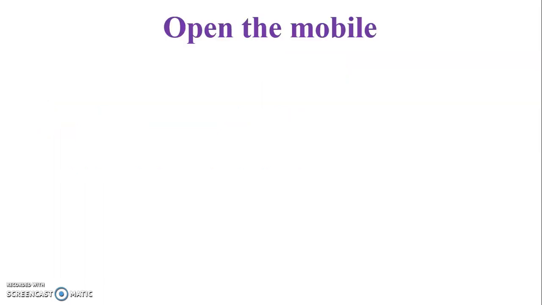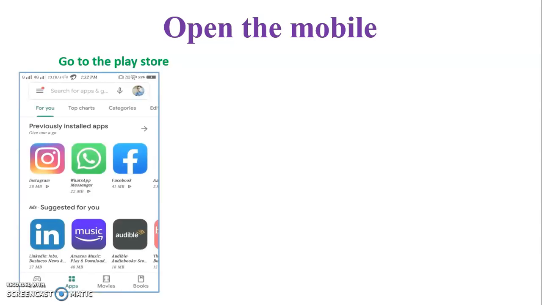For that purpose, it is necessary to open the mobile. After that, just go to the Play Store. This window will open. By using the search option, you can search for Google Classroom.